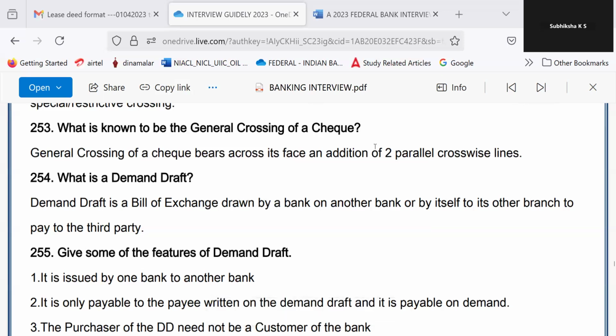So that is the system of demand draft. But nowadays it is not very popular, because everybody is using Phone Pay, GPay, and all that. There is no need for going to them, or making payment through online itself. Continue.